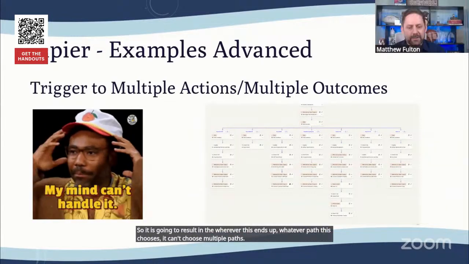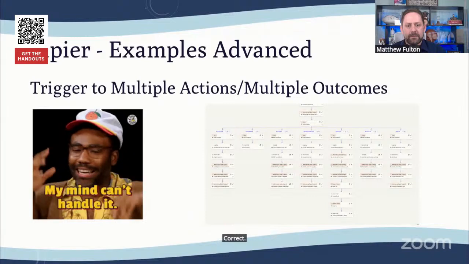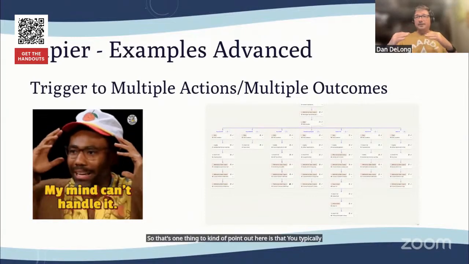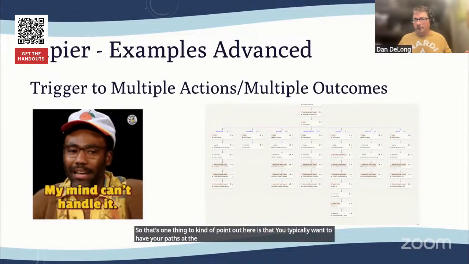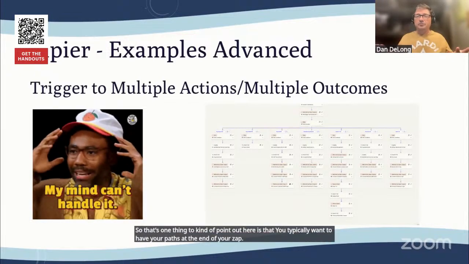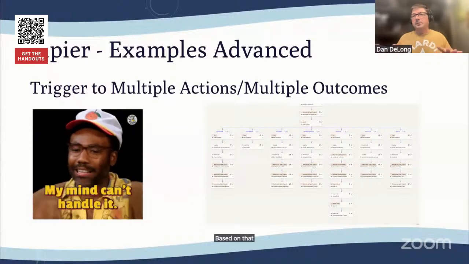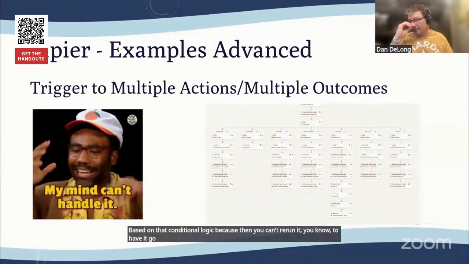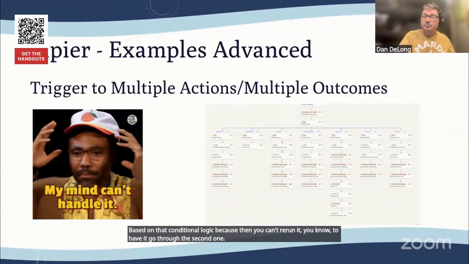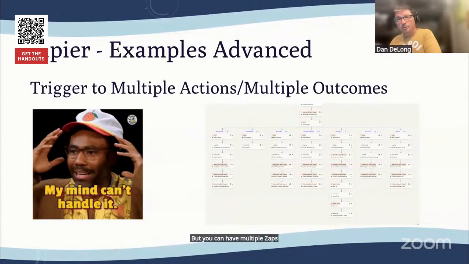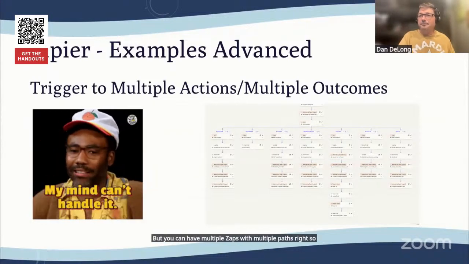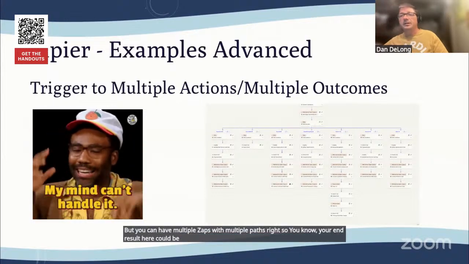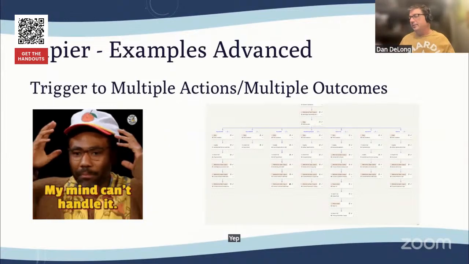One thing to point out is that you typically want to have your paths at the end of your Zap, based on that conditional logic, because then you can't rerun it to have it go through the second one. But you can have multiple Zaps with multiple paths. So your end result here could be to trigger the next Zap, and then it will run through that again.